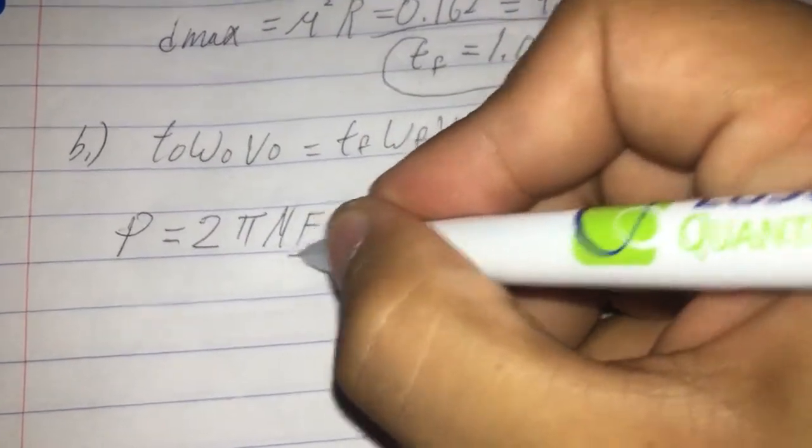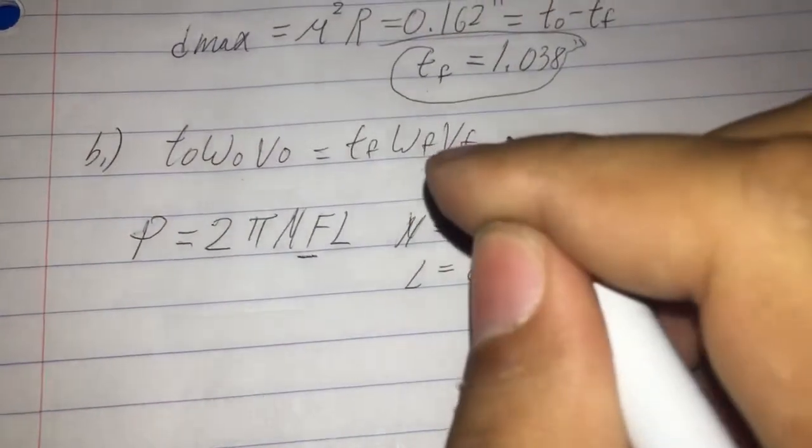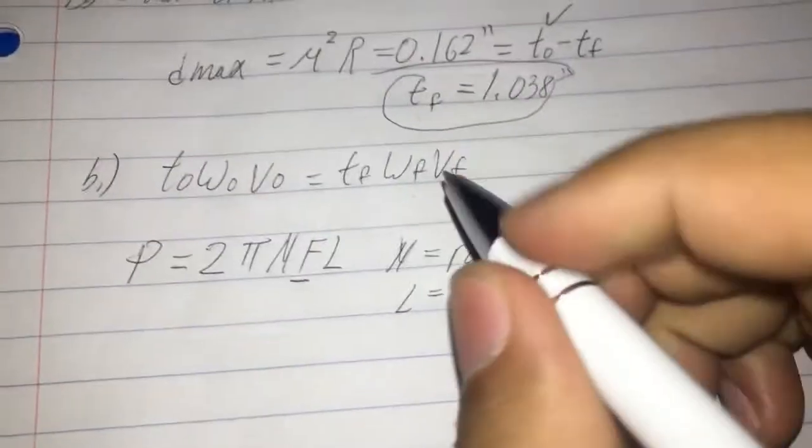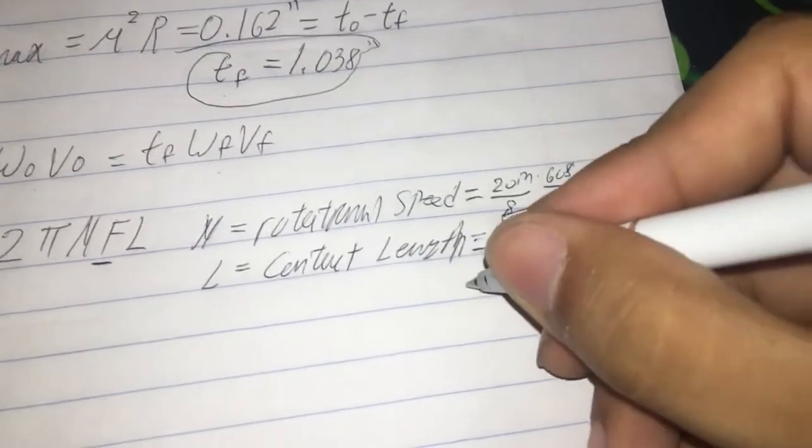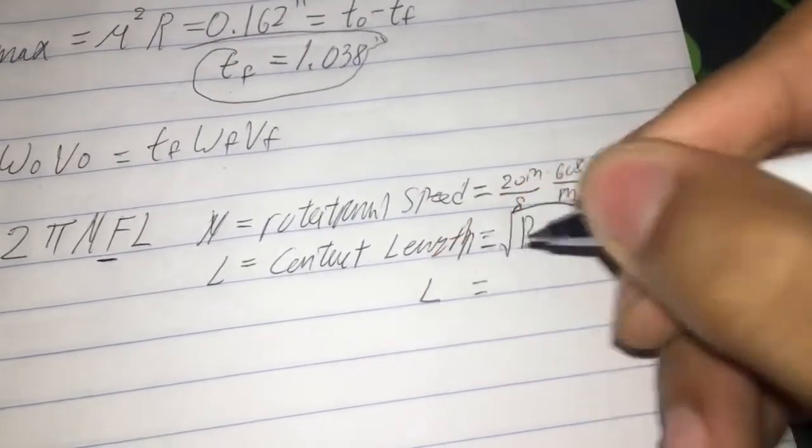So we know one value of this. We don't know F, but here's where things come into our favor. We know L. We never solved for L. Silly me. L was, I did it before, 0.9 inches.